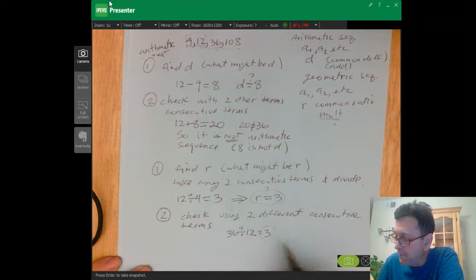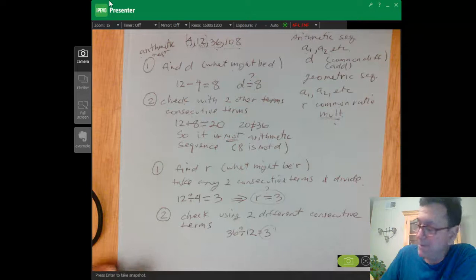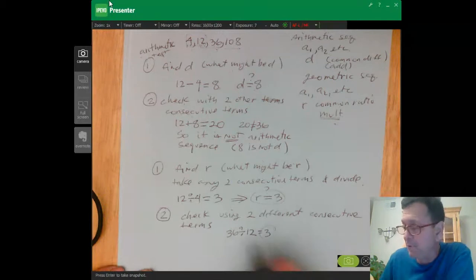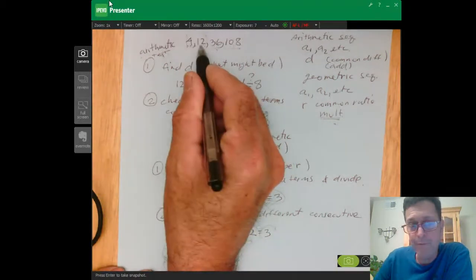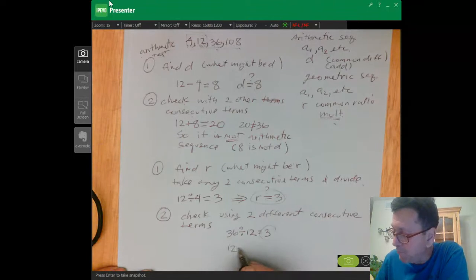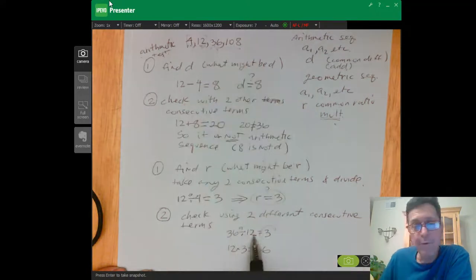Now notice 3 and 3, oops, I messed up. I made a mistake compared to what I was planning to do, but this is actually another way you could do it. What I meant to do was take 12 and multiply that by 3, and that should give us the next term.